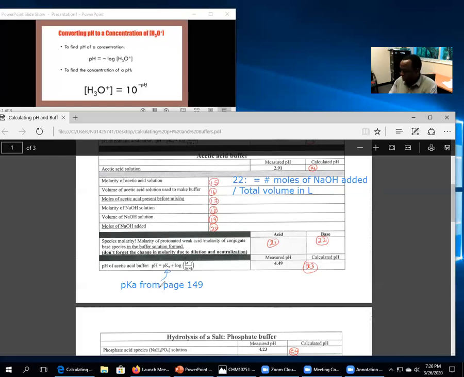And if I look at page 149 for acetic acid, it is 4.792. That is the pKa of acetic acid.